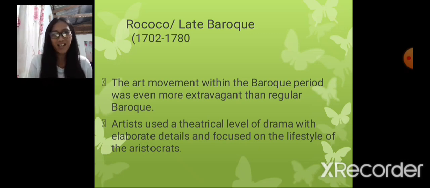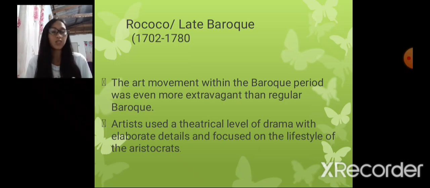It becomes more fanciful, more unimaginative, it becomes unrealistic. Their paintings become unrealistic. So, artists use a typical level of drama with elaborate details and focus on the lifestyle of the aristocrats.